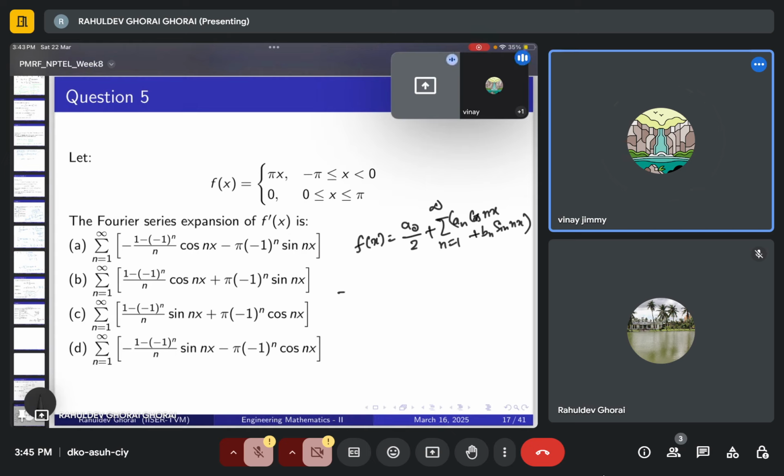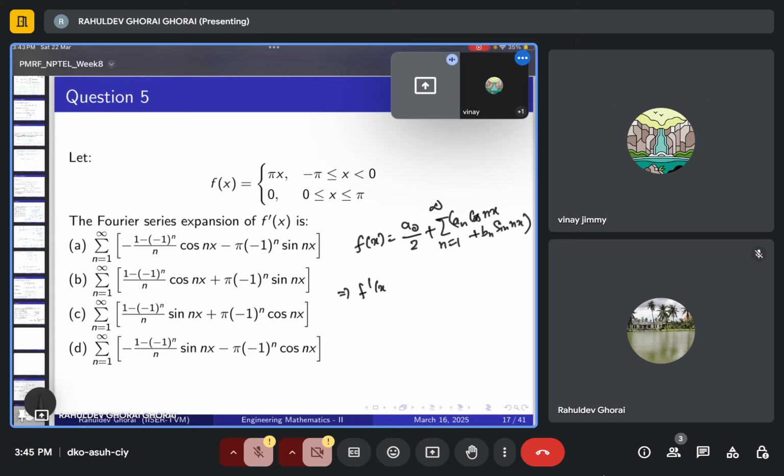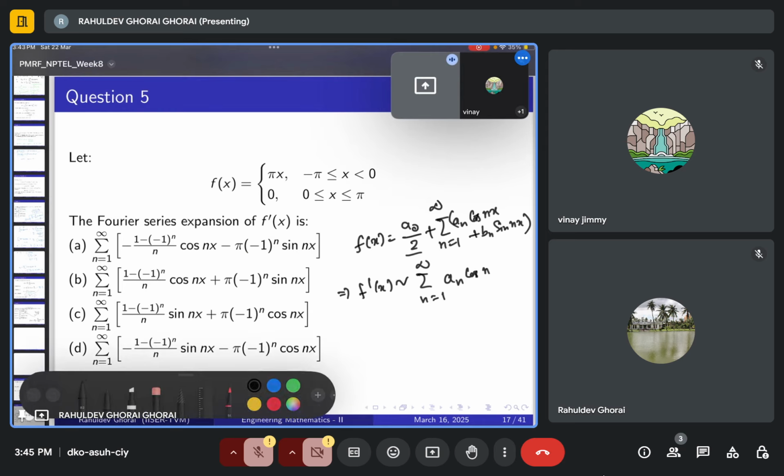Right, so then f prime x will be, see, this is constant, then n equal to 1 to infinity, you have to take the derivative of this: negative n an sin nx plus n bn cos nx.